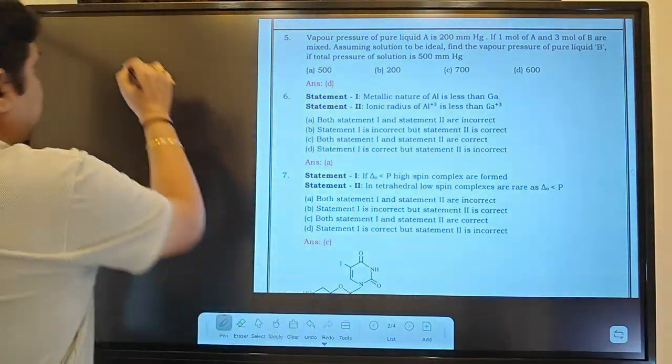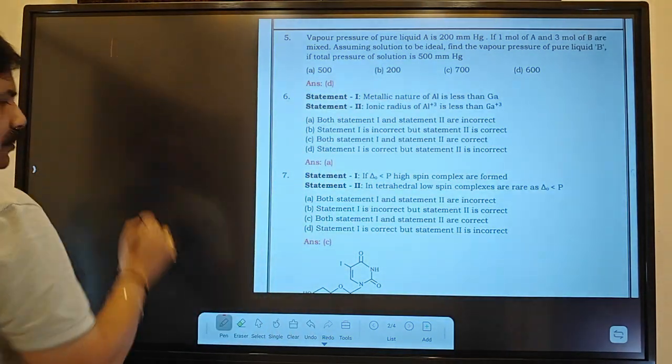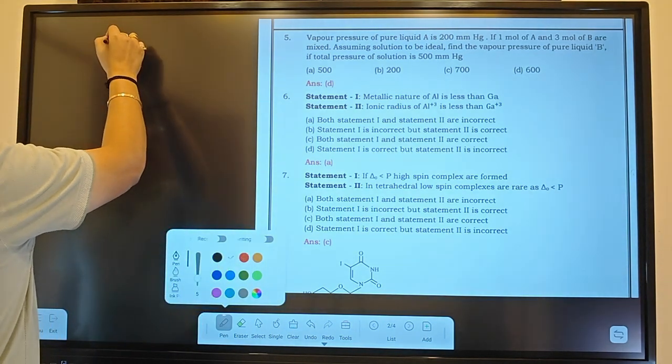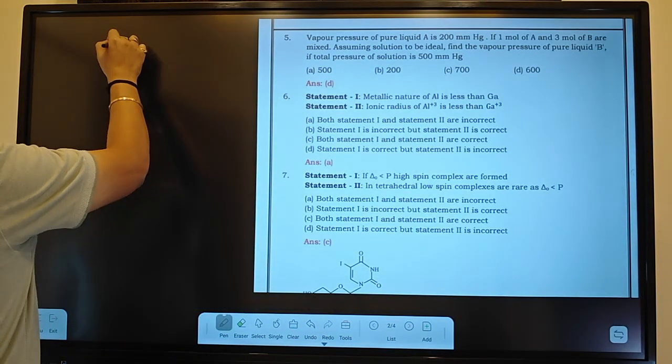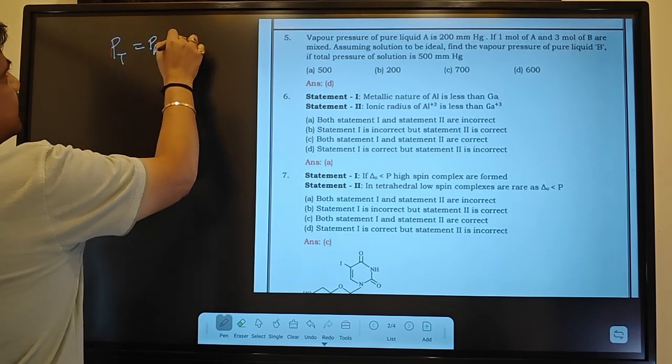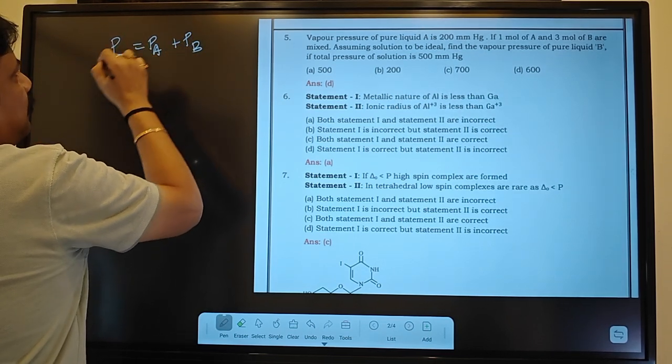So the total pressure will be equal to PA, the liquid A, plus PB, liquid B in the mixture.